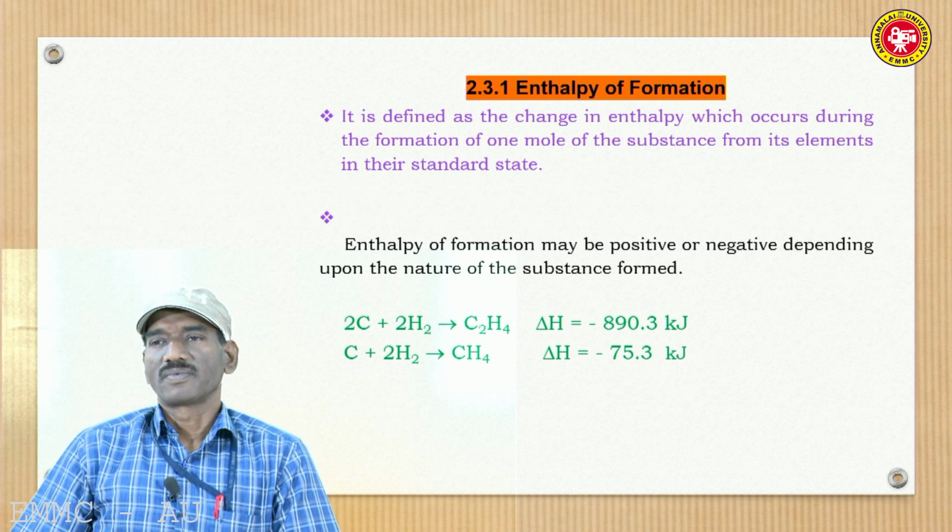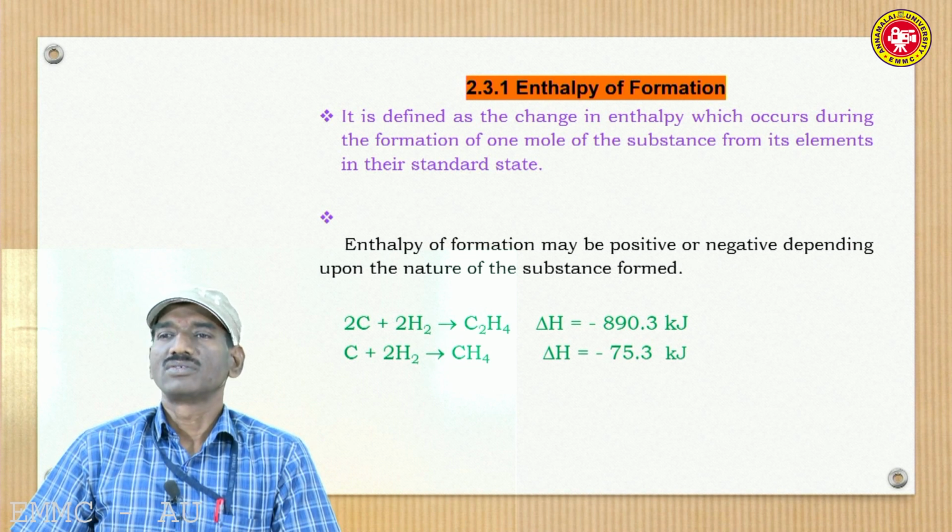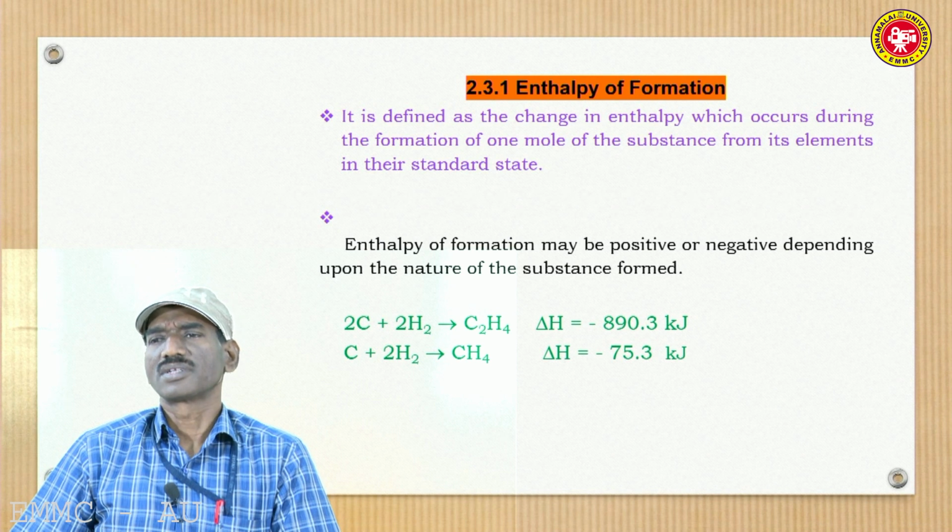Enthalpy of formation. Enthalpy of formation may be defined as the change in the enthalpy which occurs during the formation of 1 mole of the substance from its elements in their standard state. Enthalpy of formation may be positive or negative depending upon the nature of the substance formed.